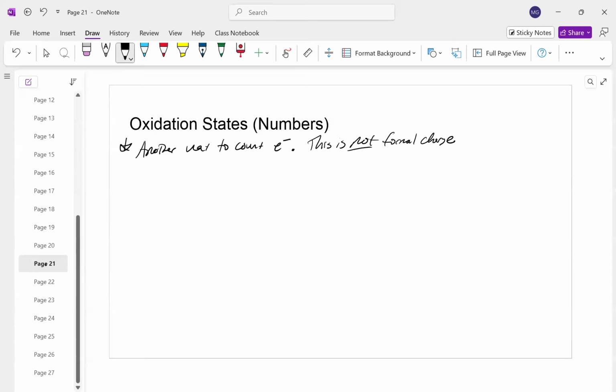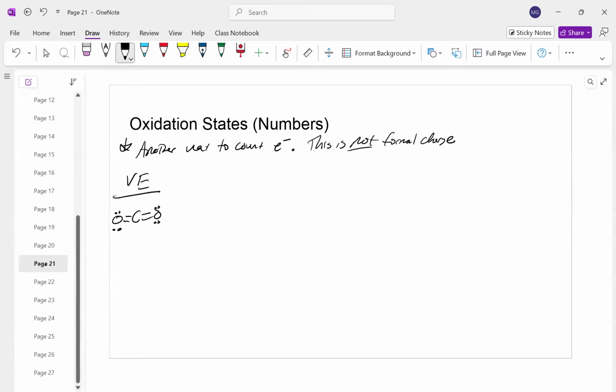So let's look at some ways that we have used to count electrons in the past. We looked at how many valence electrons are around an atom. So let's take carbon dioxide, for example. The way we counted valence electrons, a lot of times we ended up double counting them.